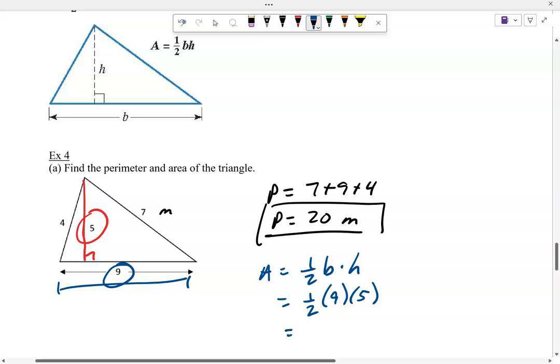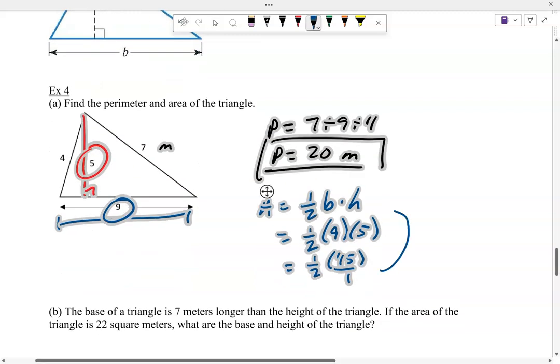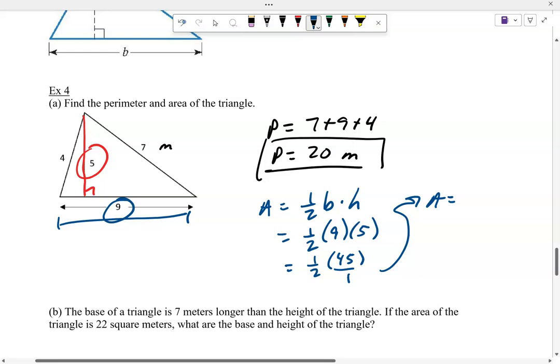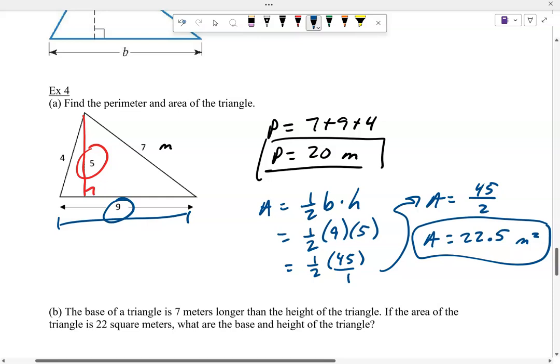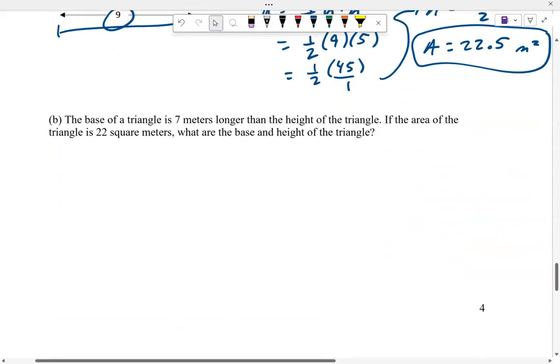So we've got 1/2. 9 times 5 is 45. This is 45 over 1. So we've got our area here. 1 times 45 is 45. 2 times 1 is 2. 45 over 2, or in other words, 22.5. This would be meters squared, right? That's how much paint it would take to paint that triangle.